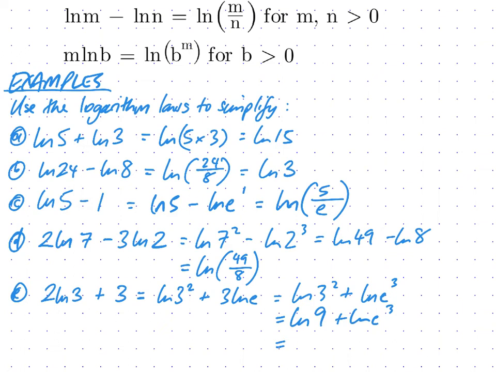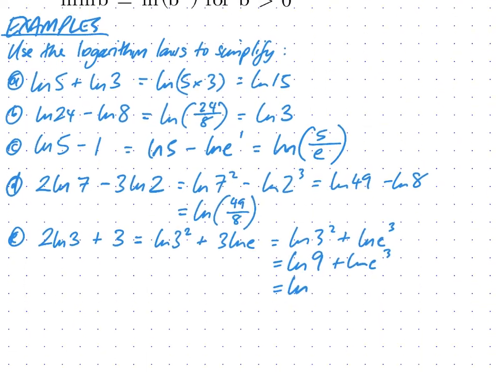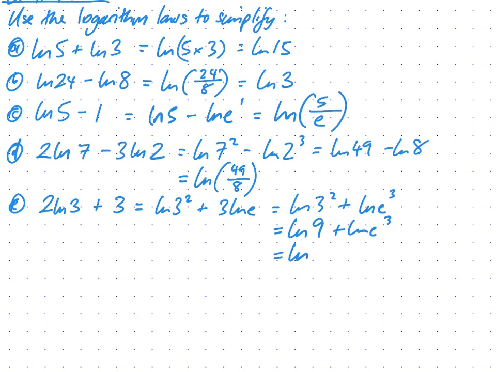And because it's an addition, you multiply the numbers of interest together, so the simplification is going to be ln of 9e to the power of 3.